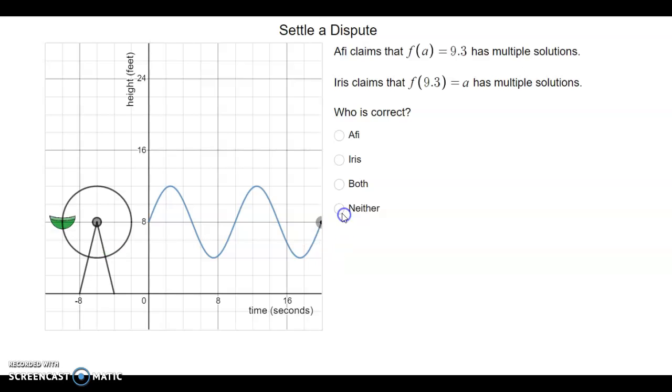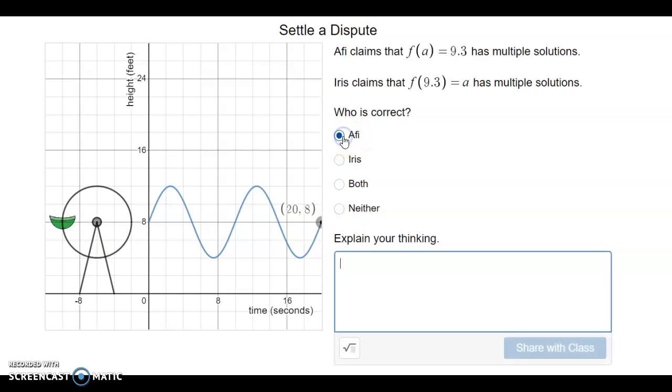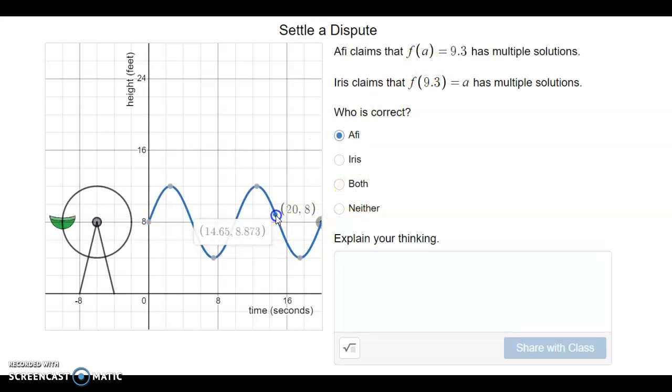So I could have multiple ones. So Alfie is correct and Iris is not. Because look, at 9.3 seconds, I can only have 1 solution. There's only 1 time that's at 9.3 seconds.